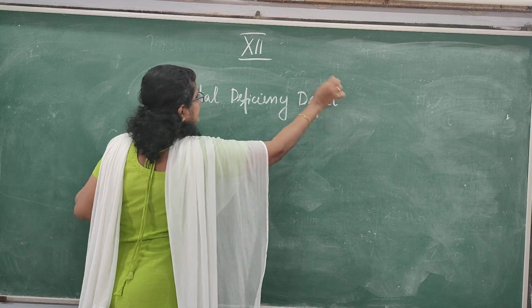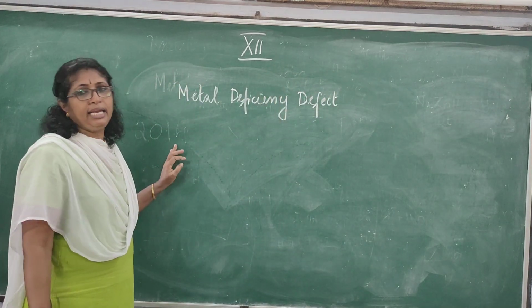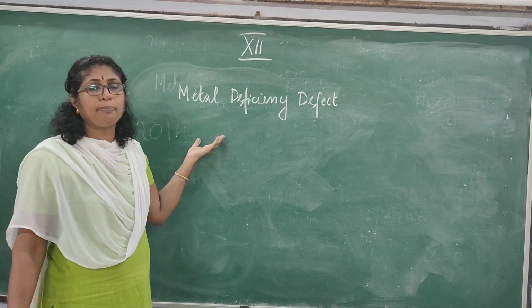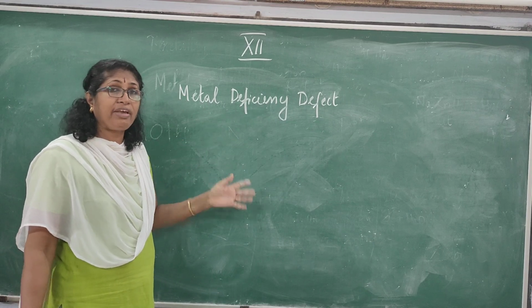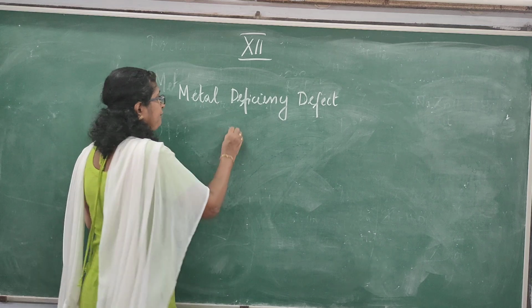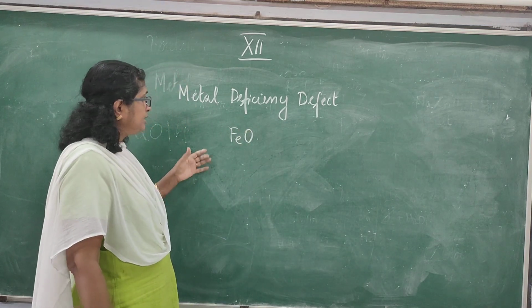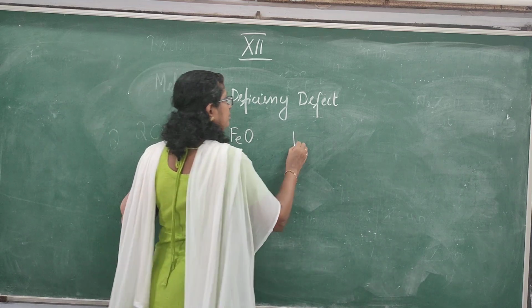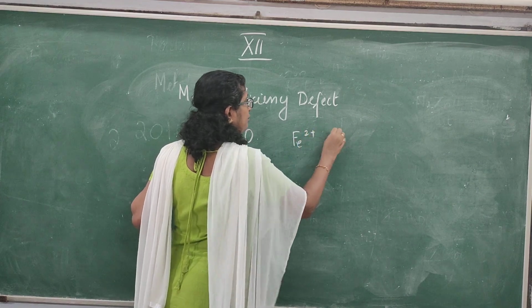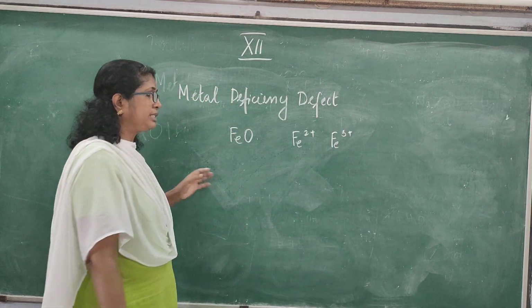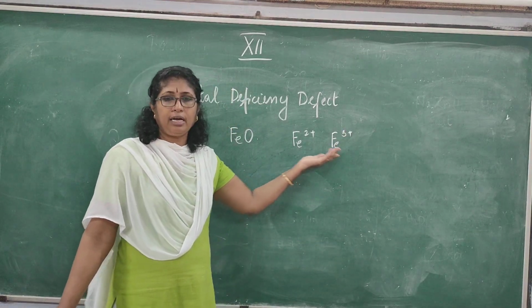In metal deficiency defect, metal ions will be deficient. That is, some metal ion positions occupied by metal ions will be vacant. For example, if FeO, iron oxide, is crystallized, iron has two oxidation states, Fe2+ and Fe3+. These two ions are there for iron.